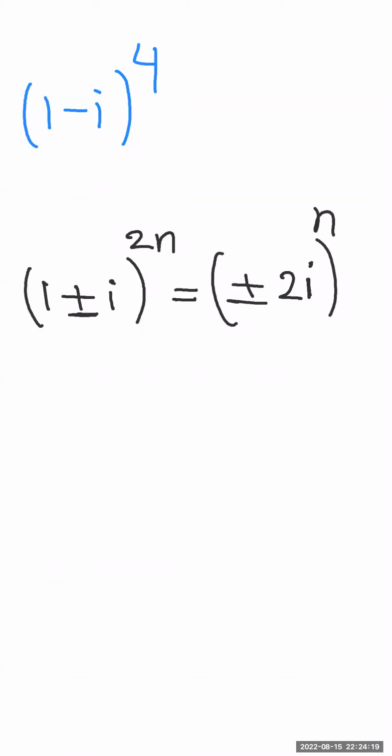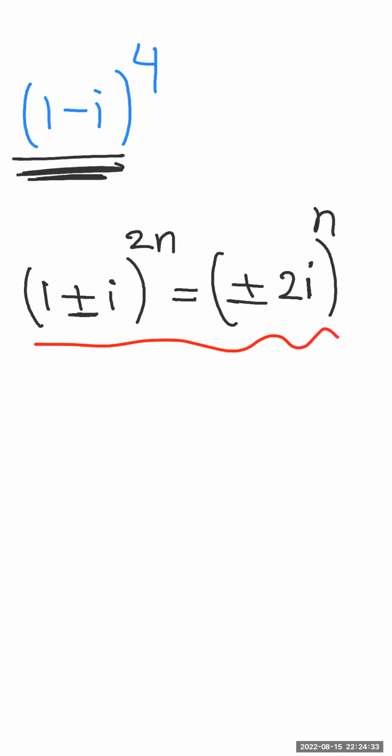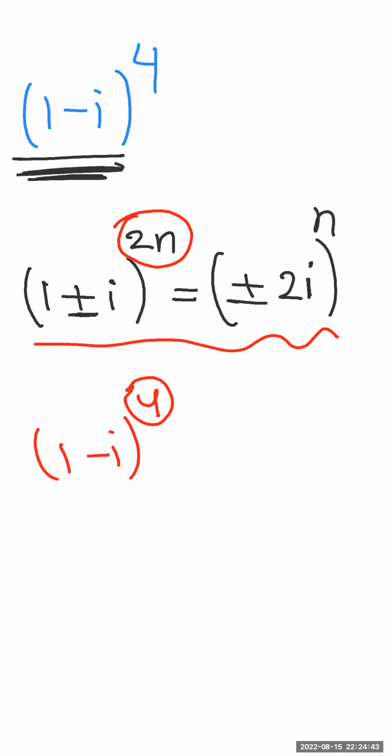How do we solve this question now? If there is (1 plus or minus i) to the power 2n, it will equal that. If I know this rule, I can solve this one. Again, (1 minus i) to the power 4. Now, guys, 4 equals 2n, so simply n equals 2, right? So it will equal (positive or negative 2i) to the power n, which means 2.